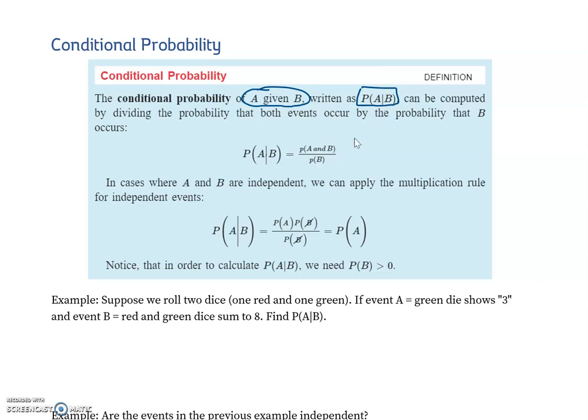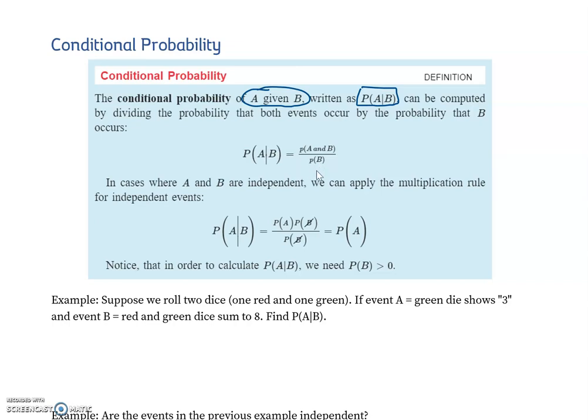The way that we find that is we find the overlap. What's the probability that both events occur? Probability of A and B. And then we divide by the probability of B. Basically, what this bottom part is doing is saying that if B is the given portion, then we have to narrow our scope. We have a much smaller sample space now.